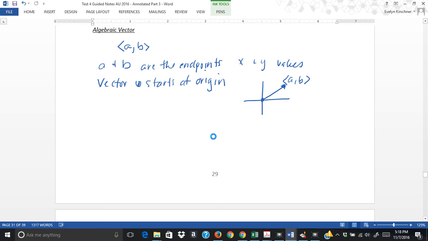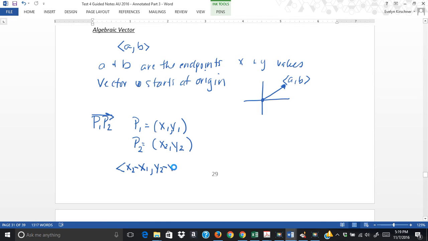It starts at 0. Okay. So if I have a vector that I name as P1P2, and I can write them like that, that's saying that I start at P1, which has some X1, Y1 points, and then I end at P2, which is described as X2, Y2, then I can rewrite this as an algebraic vector where the X value is X2 minus X1, and the Y value is Y2 minus Y1.